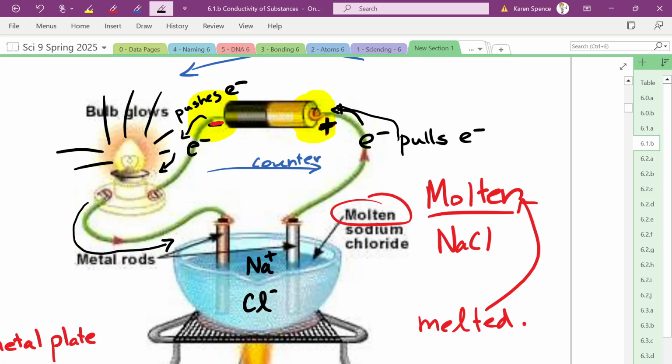And in our molten sodium chloride, which direction will the chloride ion move? Will it move to the right or will it move to the left? Which direction is our chloride ion going to move? Have a little think about that.